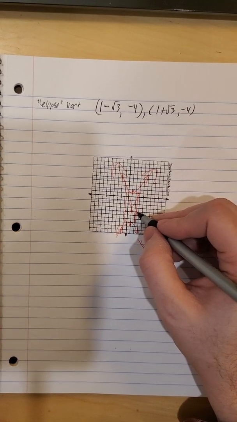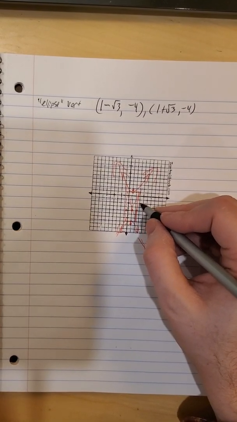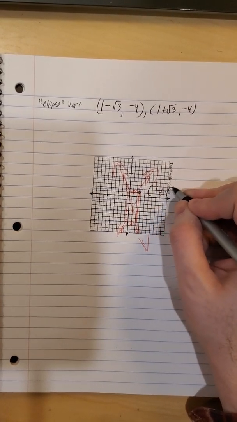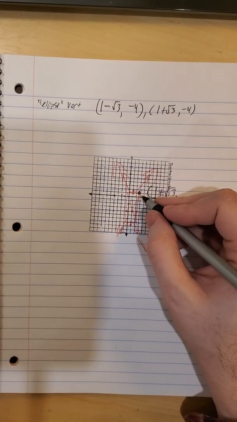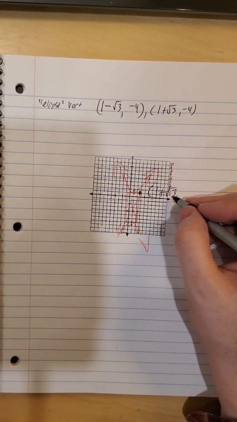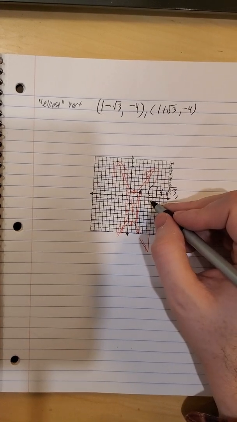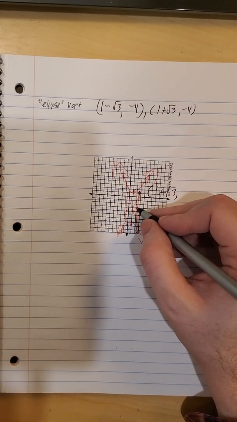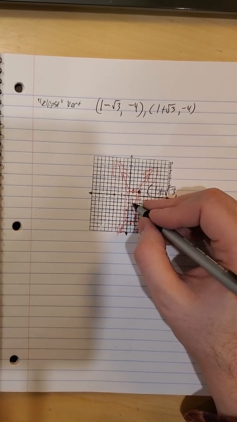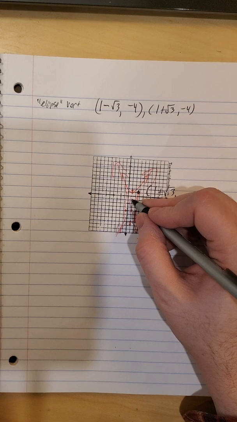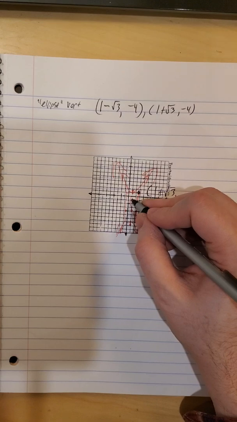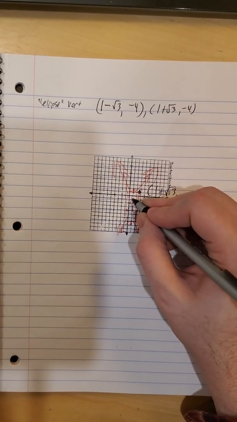So our hypothetical one to the right, we went to 1 plus root 3 for the x. I graphed 1, 1 instead of 1, negative 1. My apologies. That's why my diagonals were looking wonky.